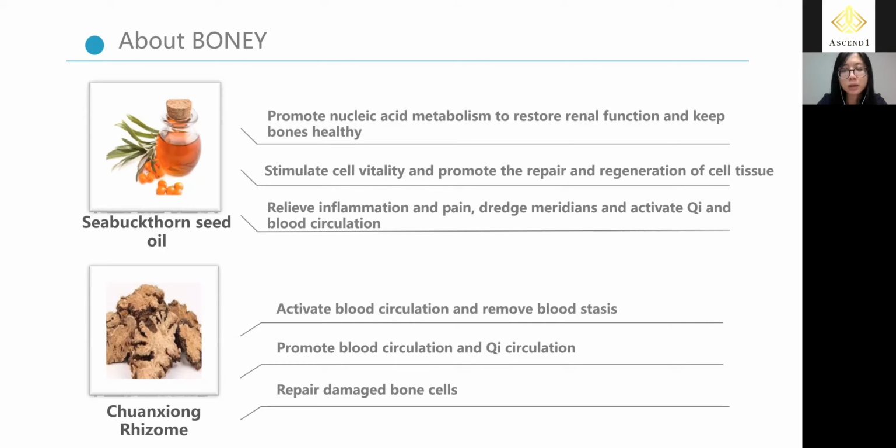This Chinese herb can improve the bone nutritional status, remove bone waste, repair damaged and aging bone cells, fundamentally solve bone quality problems, and achieve the purpose of strengthening the bones and increasing bone density.